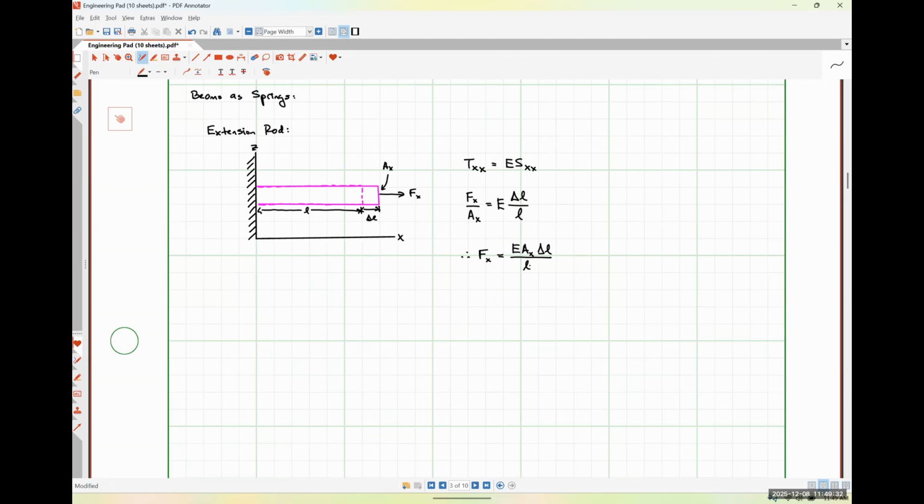And the reason why I've written it this way is because if I'm treating this rod as a spring, I want to make this look as close to Hooke's law as I can.